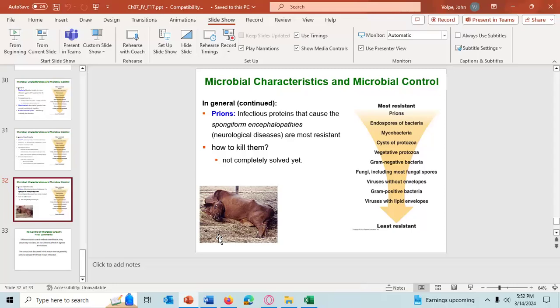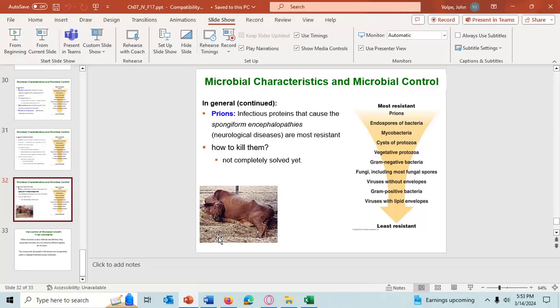And nobody has quite explained why it's so difficult to kill a protein, because you should be able just to boil the protein and that would denature it. But apparently prions are a little bit different, and simply boiling will not denature it, and the prion is still active until you get close to 1,000 degrees Fahrenheit, which will turn the protein into char.